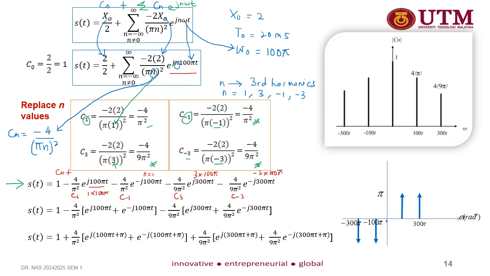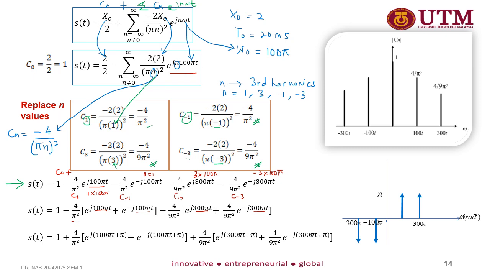Next, you can simplify this equation. Group the same coefficient values. In this case, this is for omega 100 pi and omega 100 pi, so this is the coefficient, and this is for the next omega values.